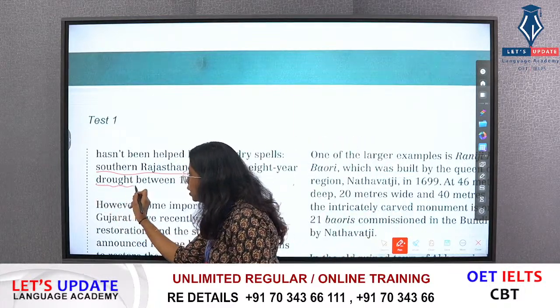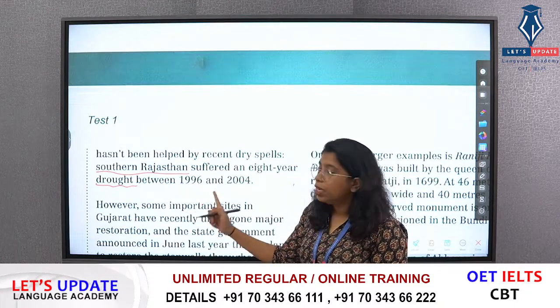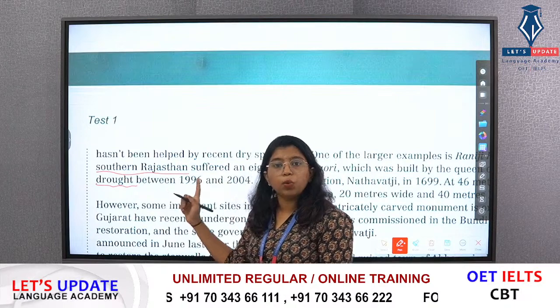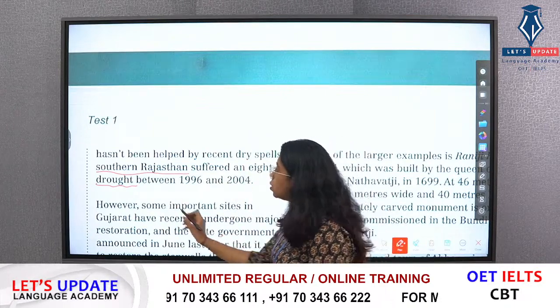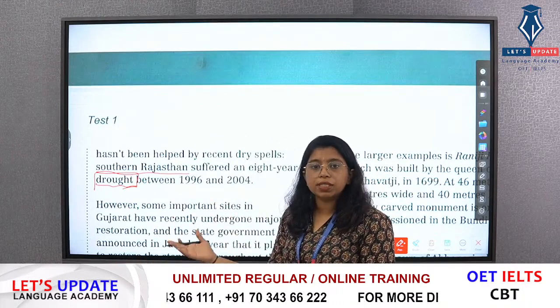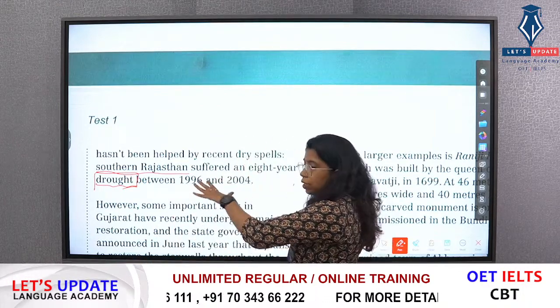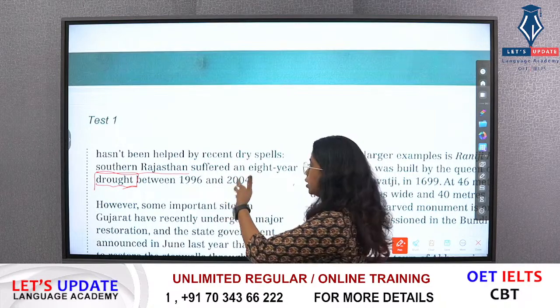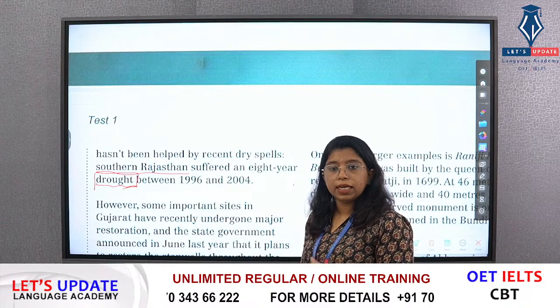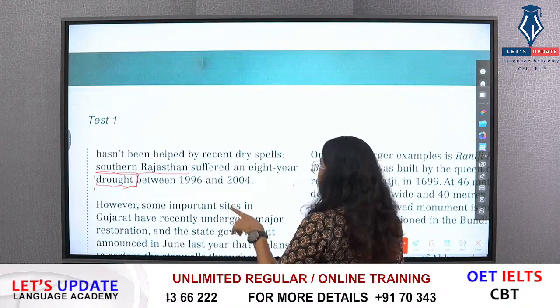So the serious climatic condition they faced in southern Rajasthan was drought. So the answer is drought. By looking for the keywords and reading the paragraph or the sentence along with them, you can find the answer correctly and easily.